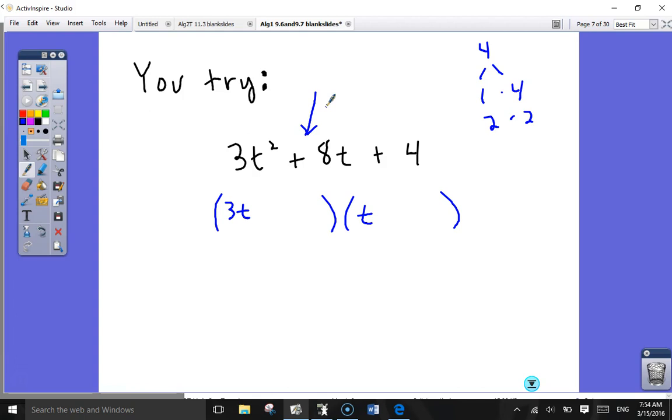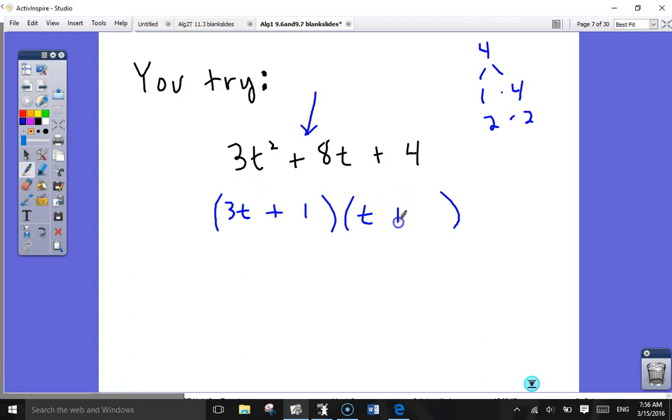So try to guess which numbers are going to go after the 3t and after the t, so that when you factor it, you get the right middle term, 8t. Really, there's only 3 possibilities you have to check. You could check the 1 and the 4.